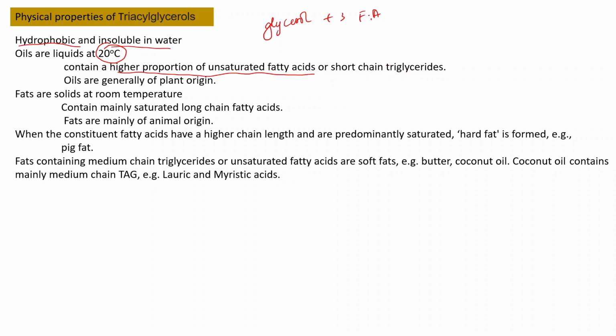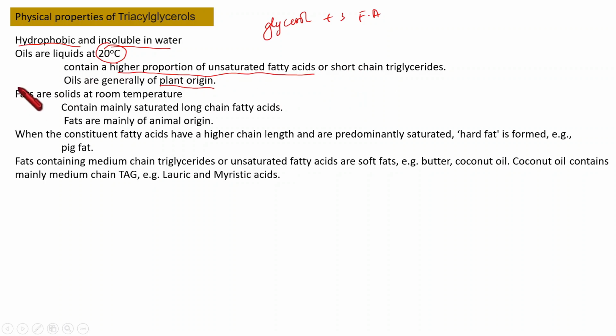That means the fatty acids contained in it should be short chain. Those triacylglycerols are called oils, and these oils are generally of plant origin. So, the conditions: 20 degrees Celsius, high proportion of unsaturated fatty acids, and at the same time, the length of the fatty acid should be short.